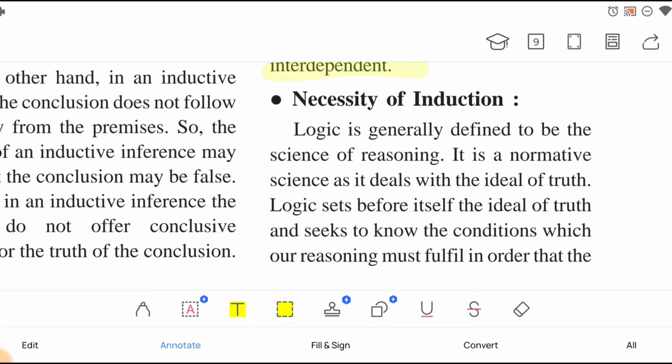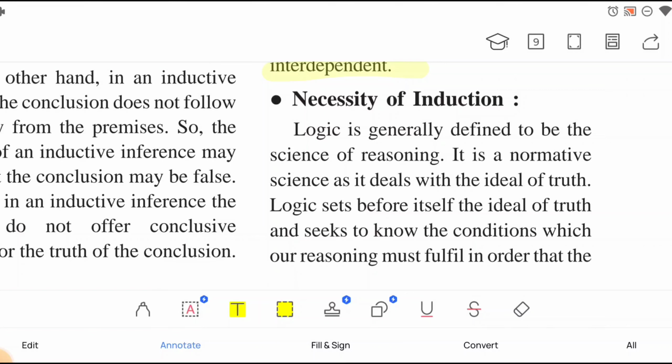We get a general conclusion, and that general conclusion which we have got from induction, we can use it in deduction. In deduction we need a premise, and that premise must be general. Where we will get the premise? We will take it from the conclusion of induction, right?